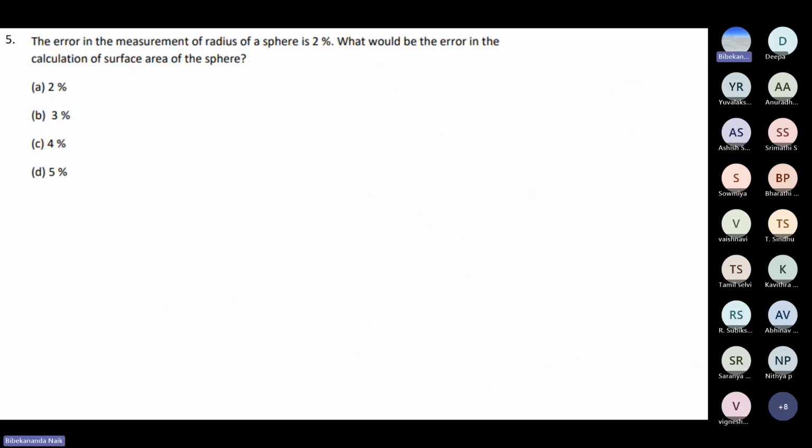Now the error in the measurement of the radius of a sphere is 2%. What would be the error in the calculation of the surface area of the sphere? So it is related to the question where the variable is a function of some power. Since the error in measurement of radius is 2%, can you tell me what will be the error in measurement of area?